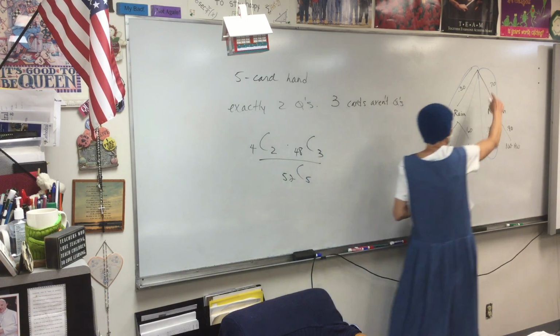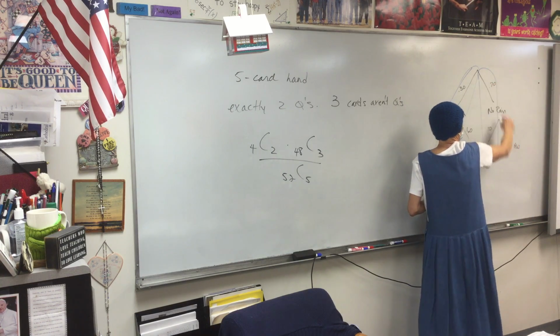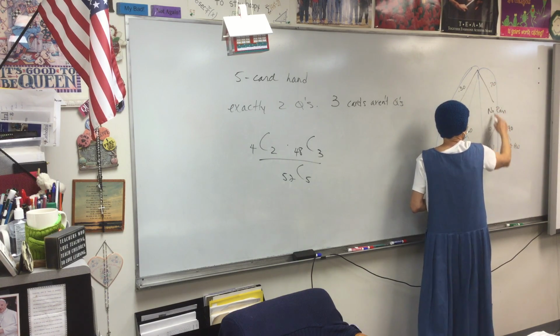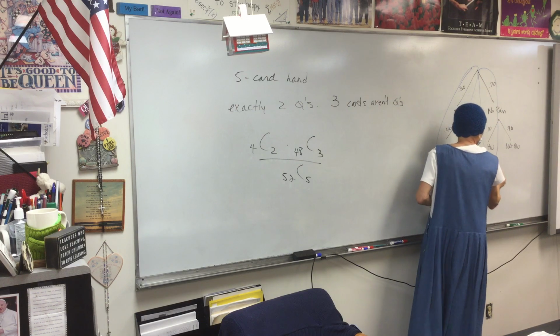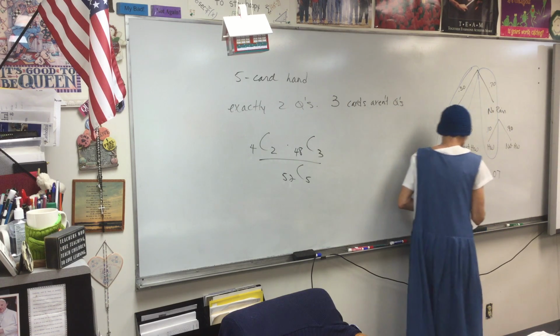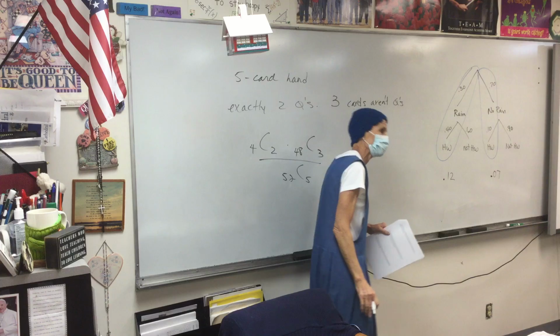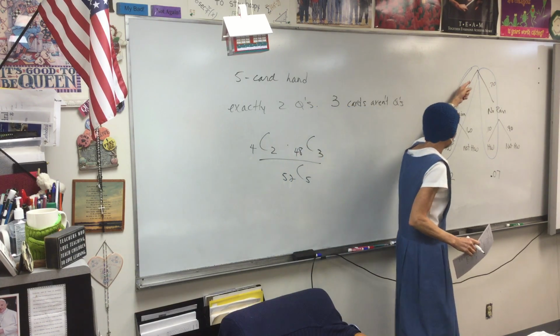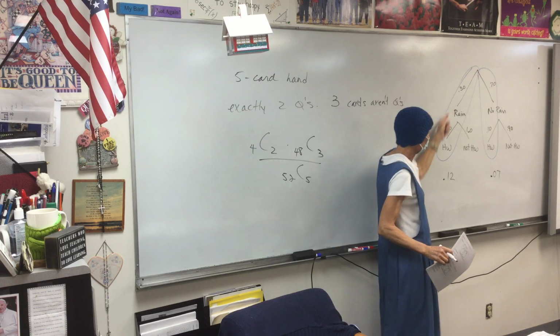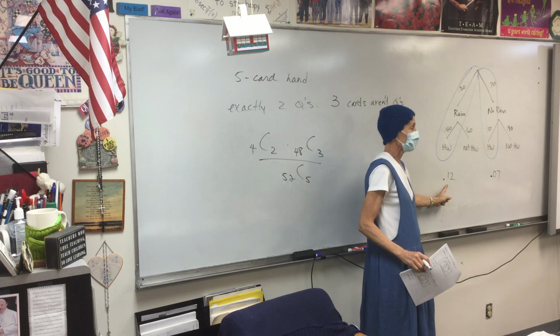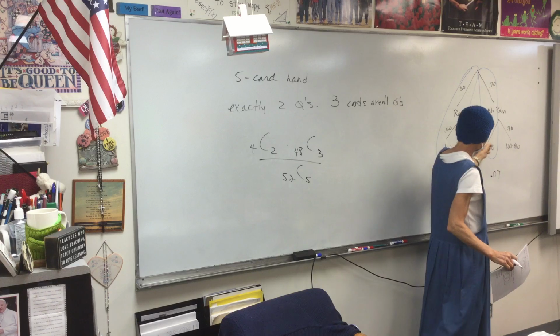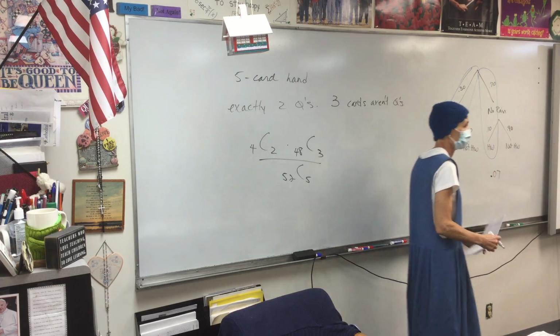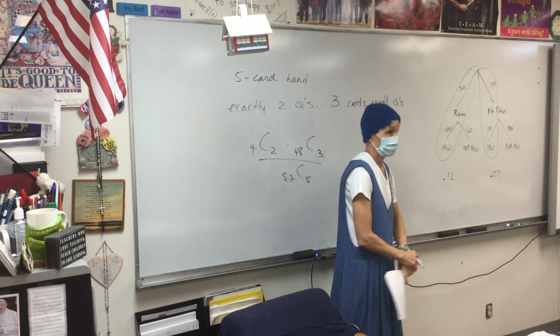Now, what about this branch? I'm going to take a 0.7 times a 0.1, so that's going to be 0.07. And if that arithmetic bothers you, type it in on your calculator. To find the probability of each branch, I'm going to multiply the two together. Okay.